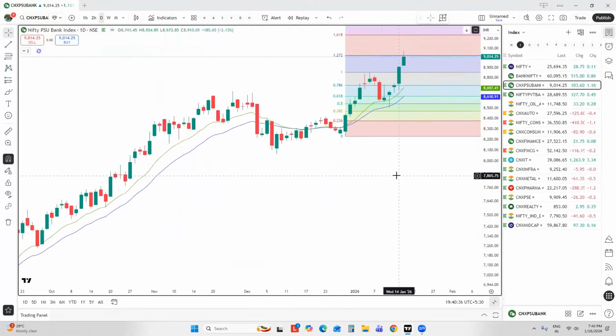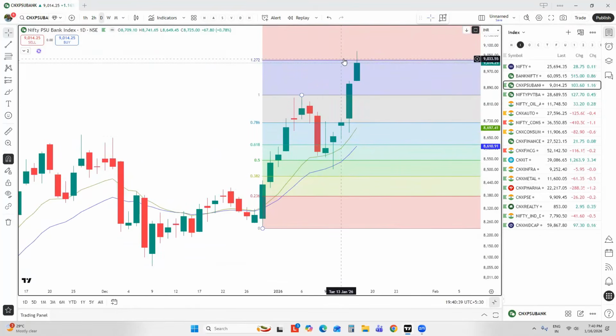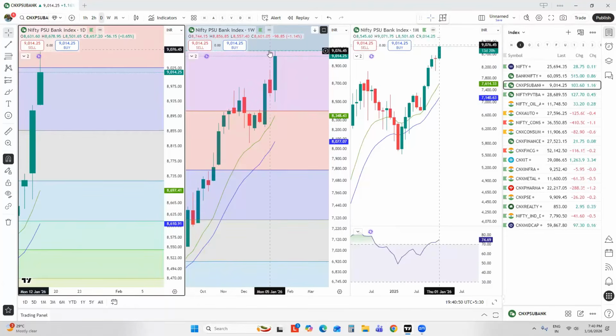In the daily time frame charts, we are also at a shorter term resistance, which is somewhere at 9027 or 9030. So basically 9030 to 9080, I'm sorry.